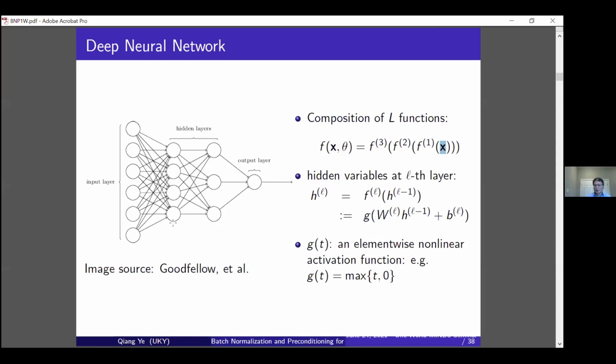From X, you construct H1 through this simple linear function with G. And then from H1, you can construct H2 and so on to yield an output. Now, in this simple network, every neuron is connected to all the neurons in the previous layer. This weight matrix here is a dense matrix. So that's also called a fully connected network.